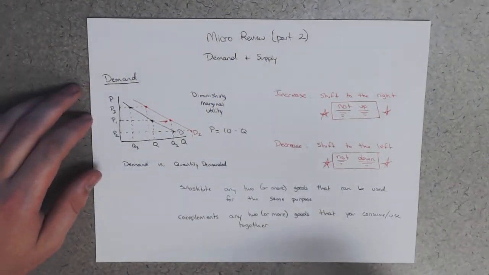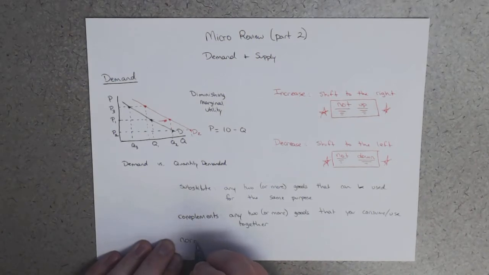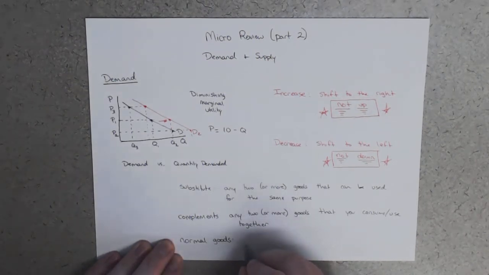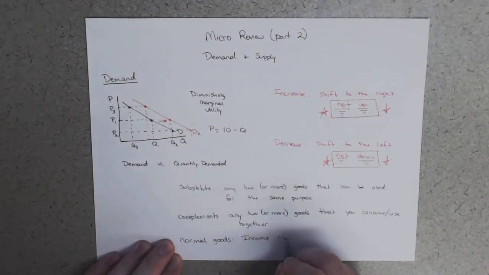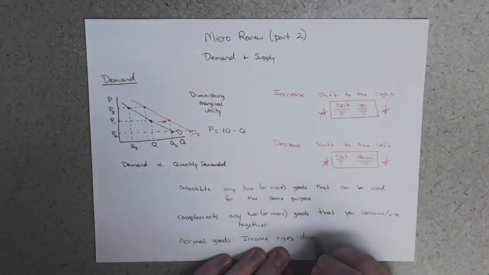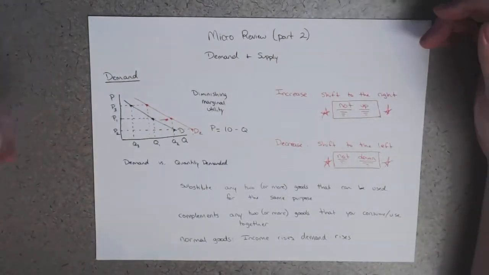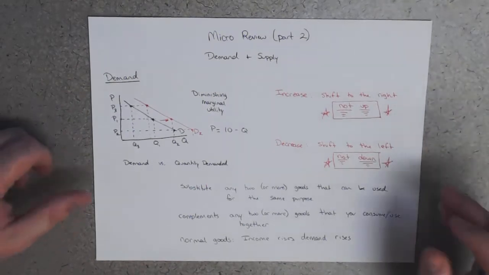Okay, so we have what are called normal goods, which as your income rises, demand also rises. All right, so as you have more money, you buy more of these things.